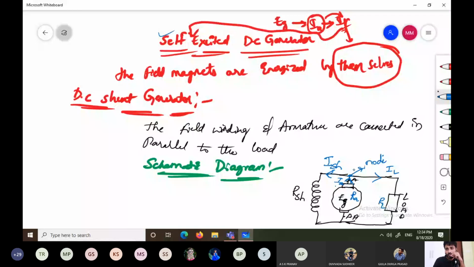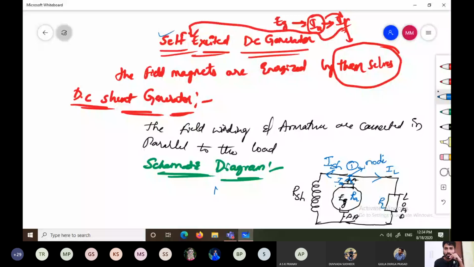From this diagram you can easily say that this IA is able to supply ISH. So at this particular node, remember this, it is node 1, we apply KCL at node 1.